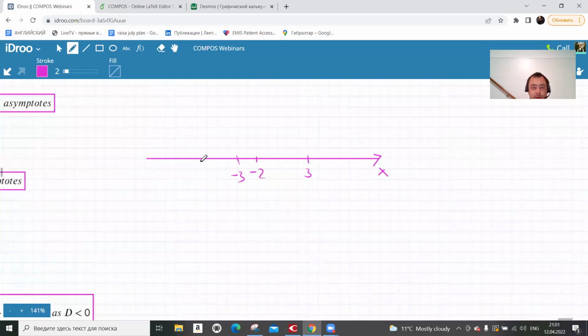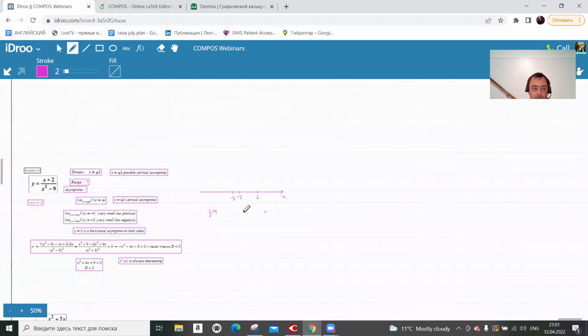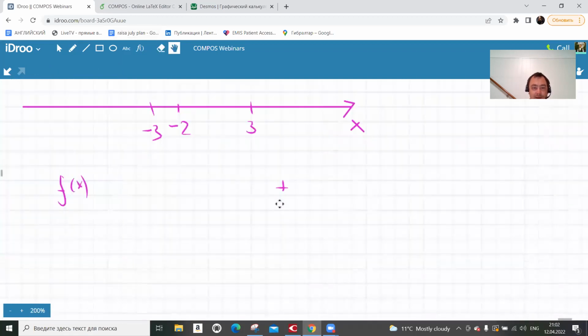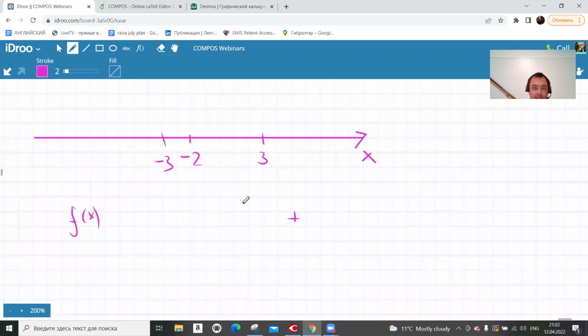So the function is going to go, so f of x, here it's going to be positive. Aha, interesting. So here the function is going to be negative.